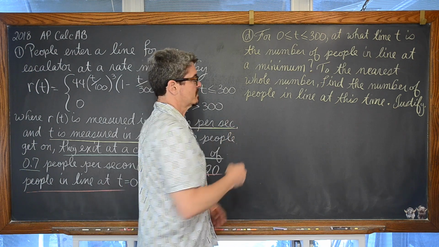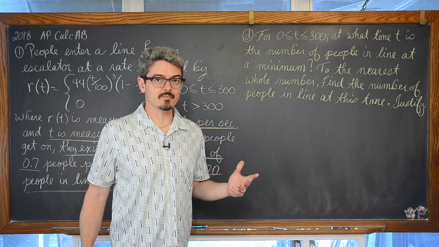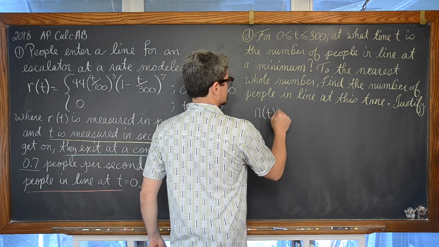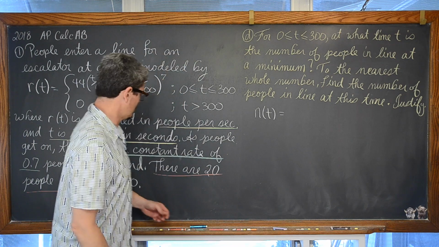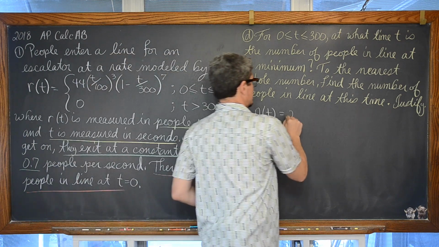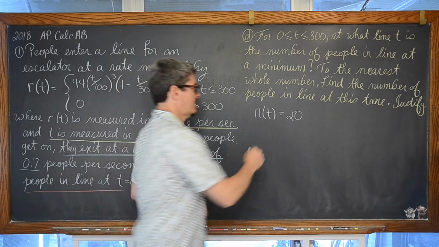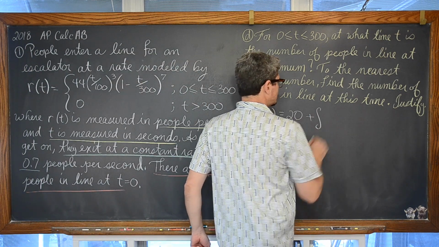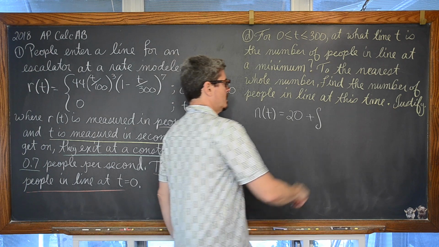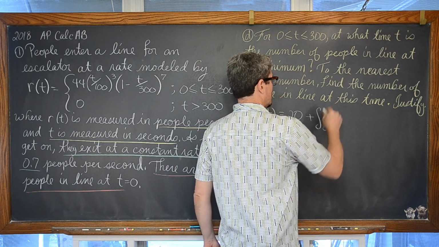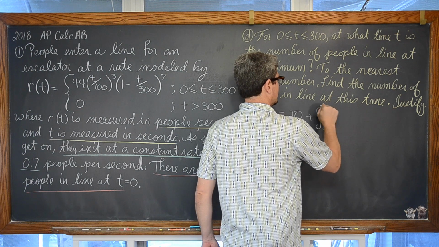So that's going to describe the number of people at any time that we want. So the number of people in line at some specific time is going to be equal to that initial 20 that were standing there when the doors opened up or the escalator turned on. And then we're going to add a definite integral for the rate at which people come on.